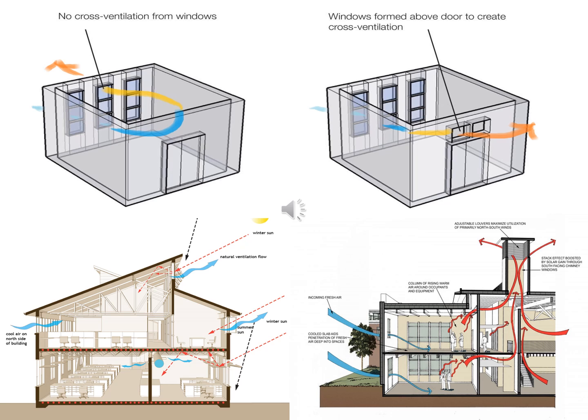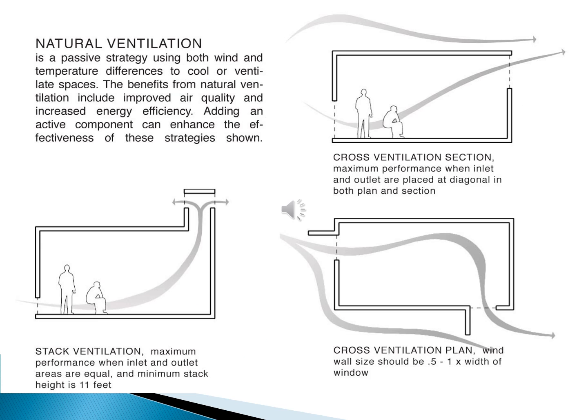Adjustable louvers maximize utilization of primary north-south wind. Natural ventilation is a passive strategy using both wind and temperature differences to cool or ventilate space. The benefits from natural ventilation include improved air quality and increased energy efficiency.